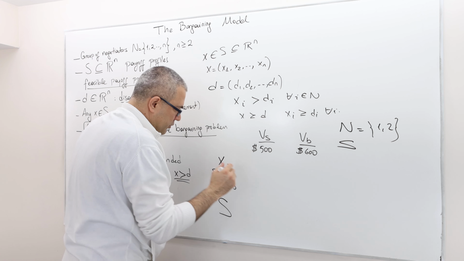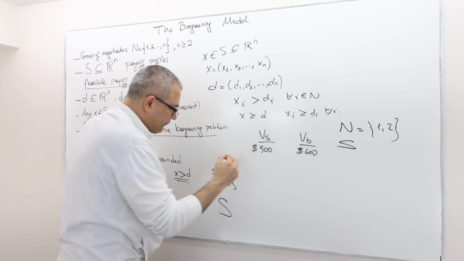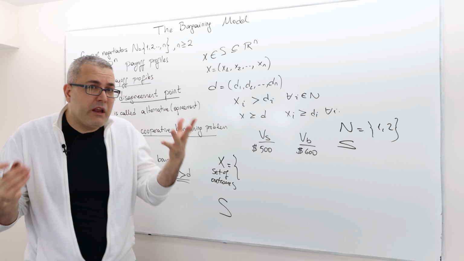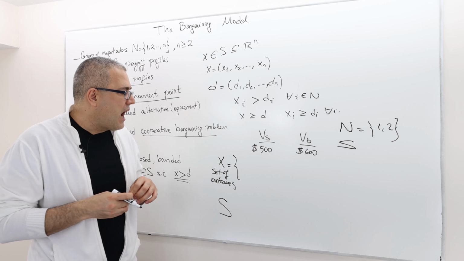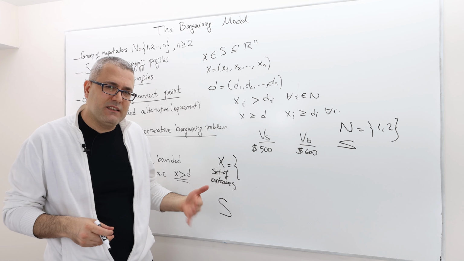So the set of outcomes. What are the potential outcomes of this problem? Well, agreement and disagreement, right? But I would like to achieve the set S, all right?